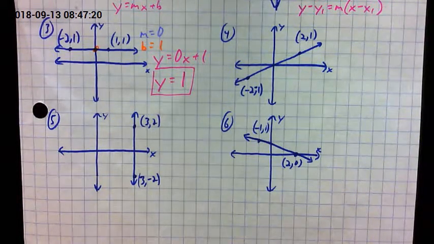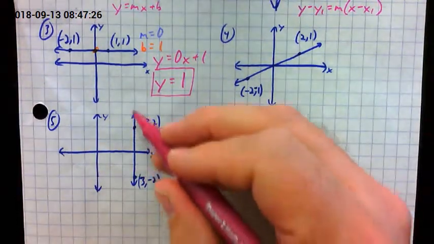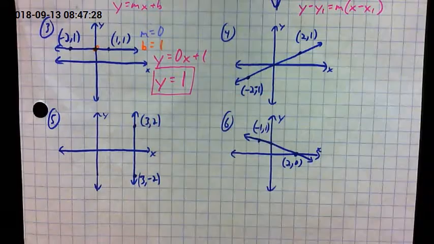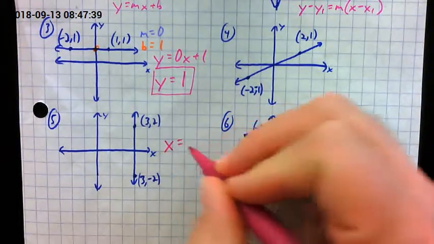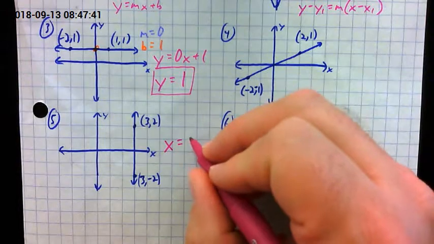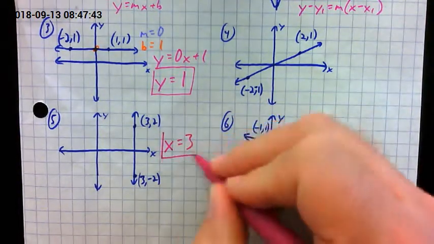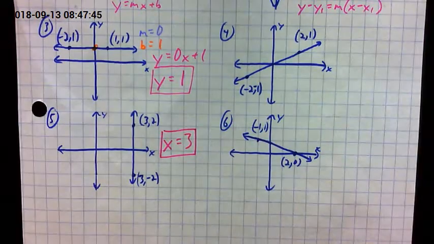So we can't write this as one of those two equations because we don't have a slope to plug in. This vertical line passes through which axis? It passes through the x-axis. And at what point? 3. So our equation on this one is just going to be x equals 3. And that will be our final equation.